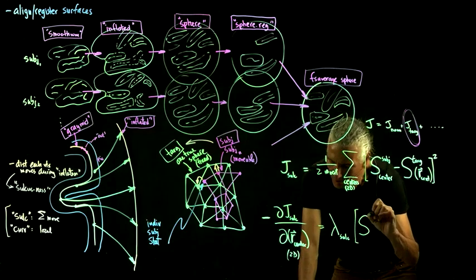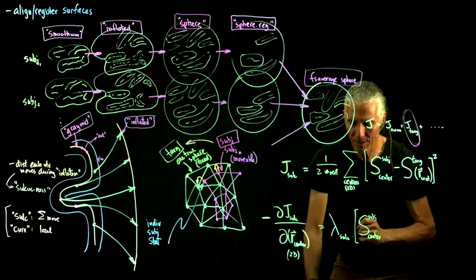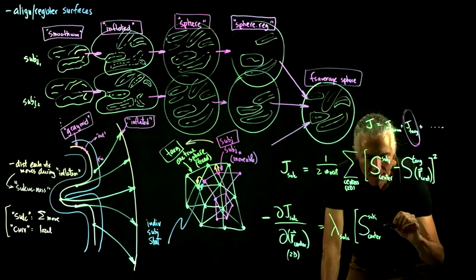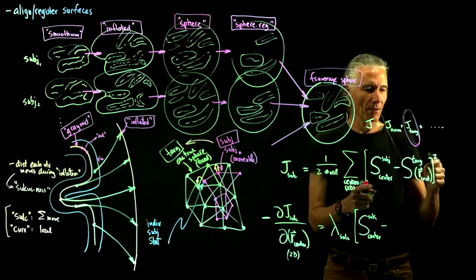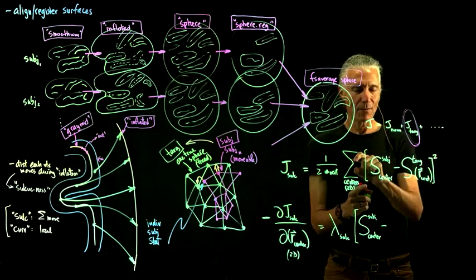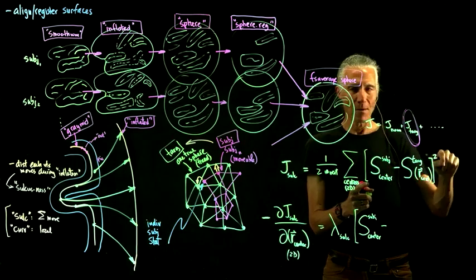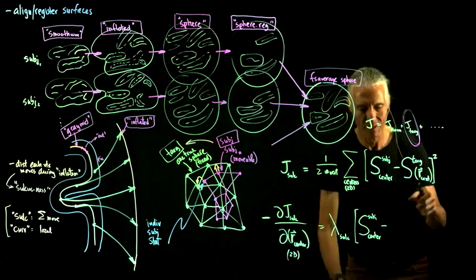So there's going to be this individual subject sulcusness at a vertex. When you take the derivative of this thing, you'll take this, stick the 2 out in front, reduce the power by 1, and then take the derivative of this, multiplied by the derivative of this.